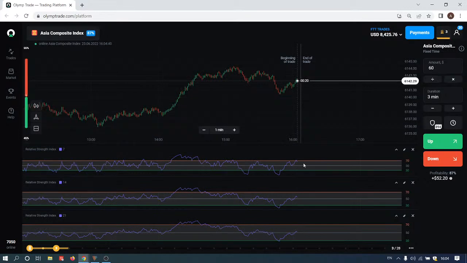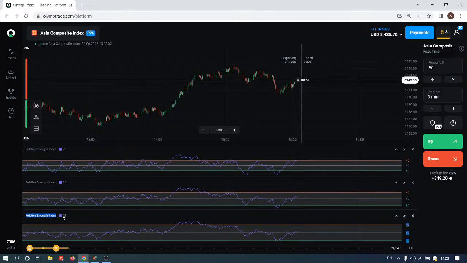As you can see, we have three indicators which look almost the same, and then you need to have a closer look at their properties, and then you will see the difference. The difference is quite simple. We have the 7 RSI, the relative strength index indicator. Next, we have the 14 RSI, and the last one has the period of 21.